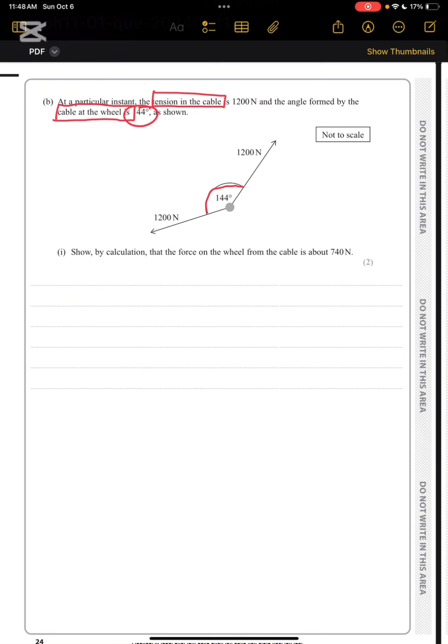Tension forces on the cable are given as 1200 newtons at two angles, both 144 degrees apart. So to find the resultant force acting on the wheel, we can use the two forces at an angle formula.